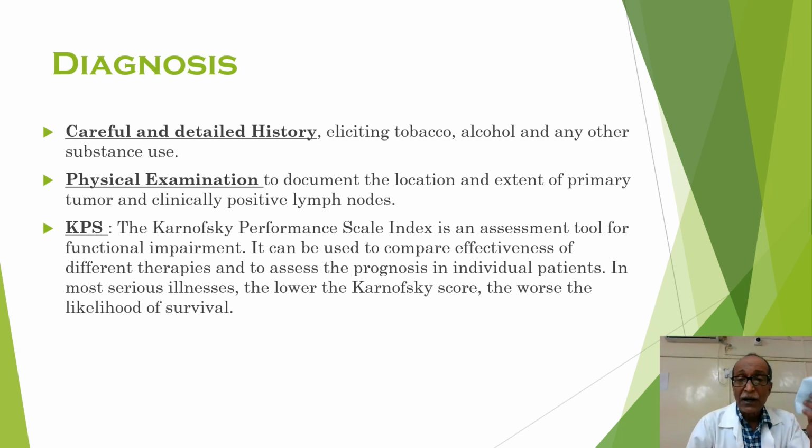Now, there has been a little change. We have talked about TNM staging and we are now talking about diagnosis. So please don't mind. Diagnosis of any disease is on the standard lines. A careful and detailed history. The patient presents to you with a non-healing ulcer, or bleeding, or pain in the side, or trismus, or maybe symptoms due to distant metastasis like cough.